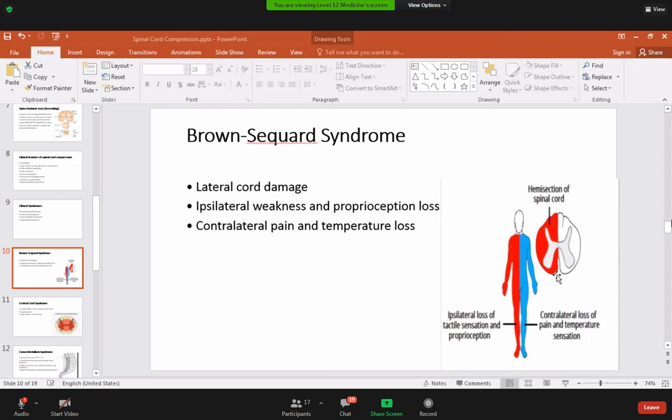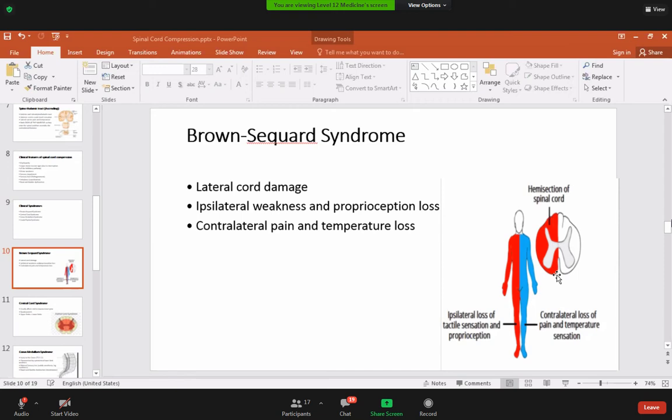There is ipsilateral loss of fine touch and proprioception, but on the same side, the pain and temperature sensations will be intact. When we compare the other side of the body, the pain and temperature will be lost, but the proprioception and fine touch will be intact.